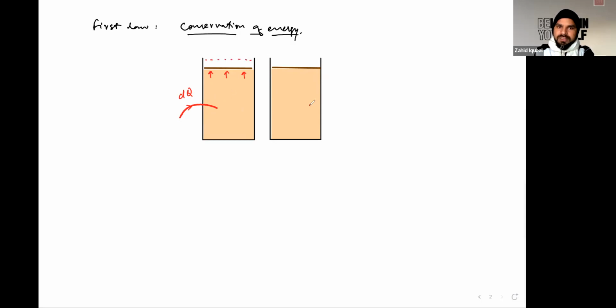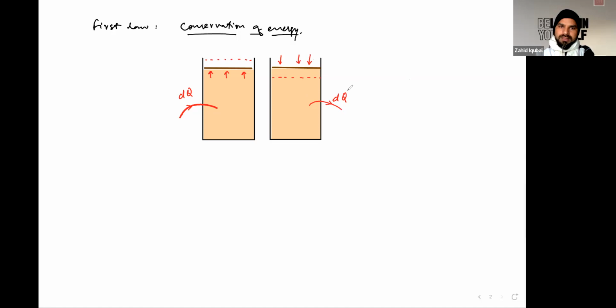Similarly, if heat is being ejected from this system, this heat being ejected must compensate two factors: to change internal energy and to do some work on this piston to compress it from this state to a new state.